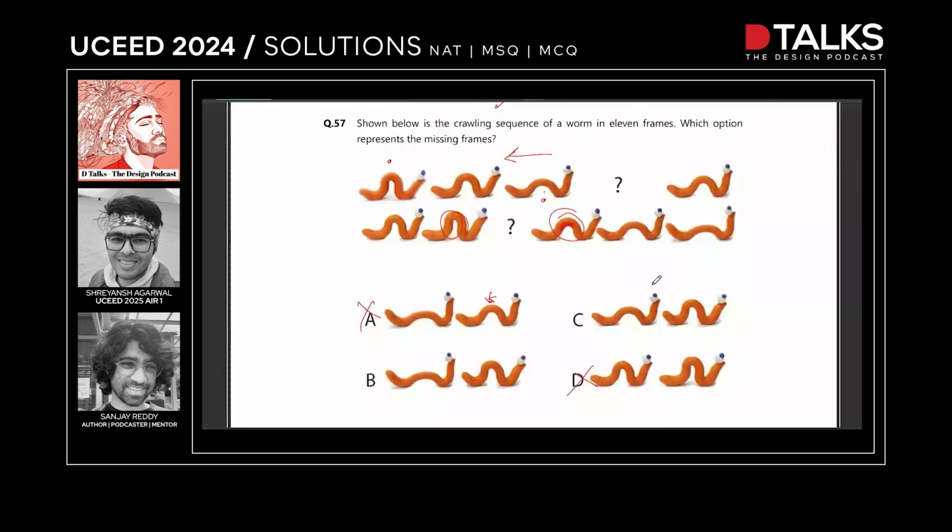And still frames do not look good in an animation. ठीक है, unless you're animating on twos, which is जो spider जैसे animated movies में होता है ना, Spider-Verse में जैसे कि हुआ था. Unless that happens, you will never see the exact same frame. The motion can be prolonged, and that happens with a very little motion. But exact same frame तुम्हें कम देखने को मिलेगा. So that's why C is also wrong. The answer is B.